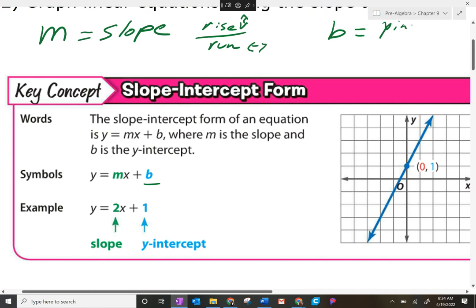We call it the y-intercept. So whenever x is 0, whatever this letter is will be where it's at on this line. If it's a positive number, it'll be up here. If it's a negative number, it'll be down here.